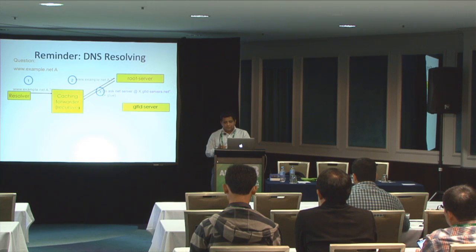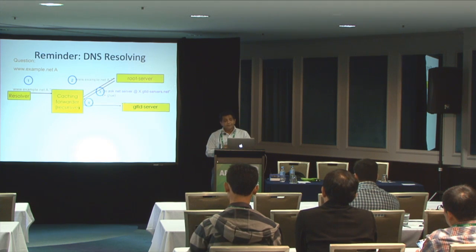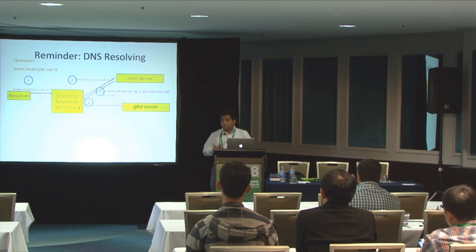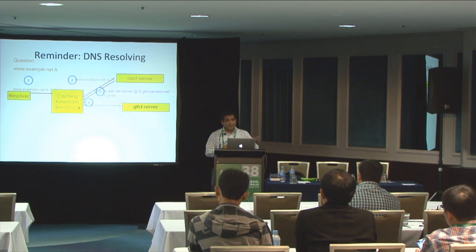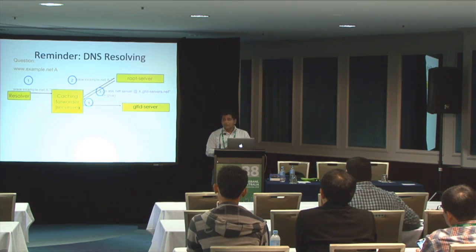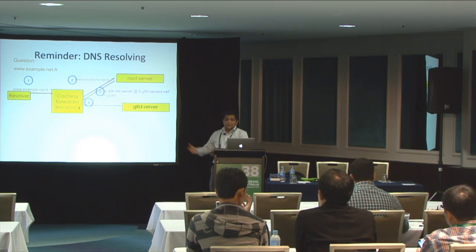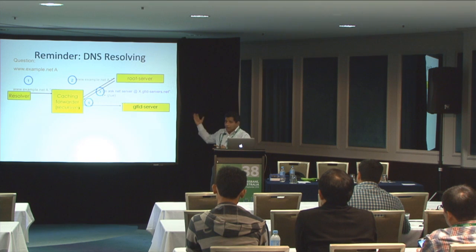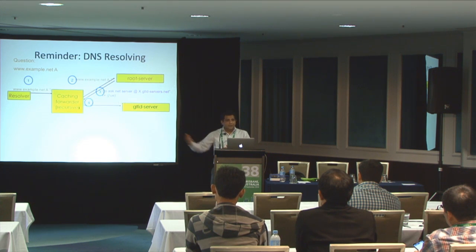So it will return the IP addresses of .NET, and then the recursive server can go and talk to the .NET name servers. In this case, it's a GTLD, which is generic top-level domain, and it asks pretty much the same question: what we need is the IP address of www.example.net. Same concept, but now instead of the root server, it is the GTLD server, which has a delegation to the next levels, for example something.net or company.net.